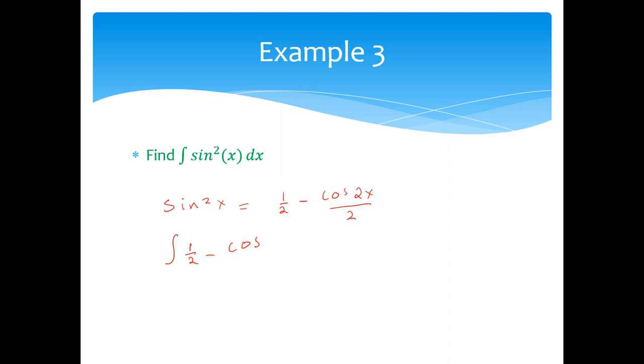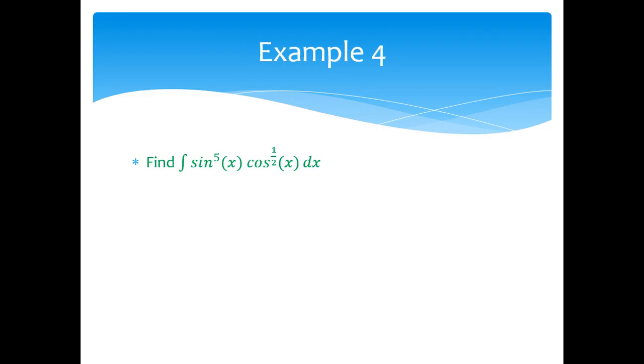Integral of 1 minus cosine 2x over 2 dx. Then we're going to have x over 2 minus 1 over 4 times, when we integrate cosine, we get sine 2x plus c. Okay, so that pertains to problem number 3.